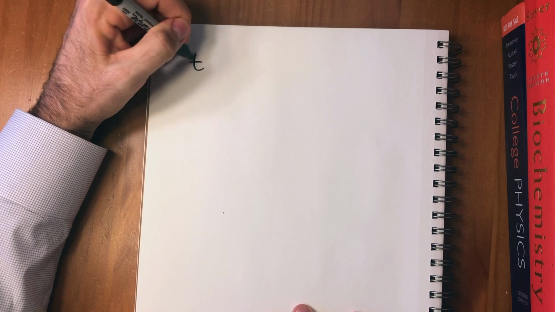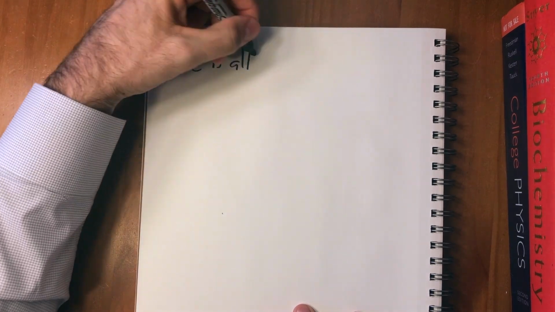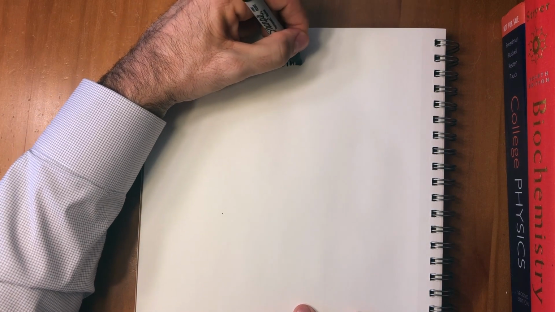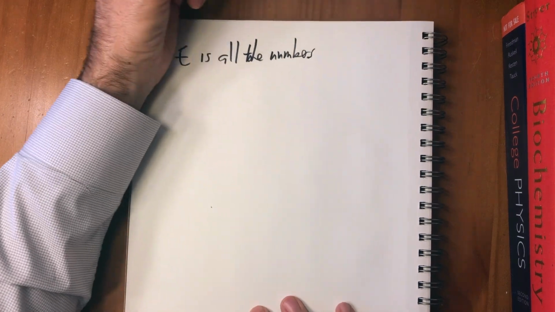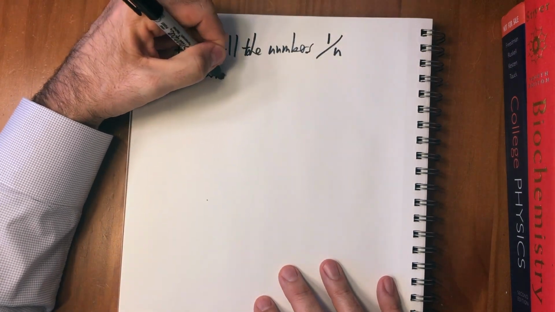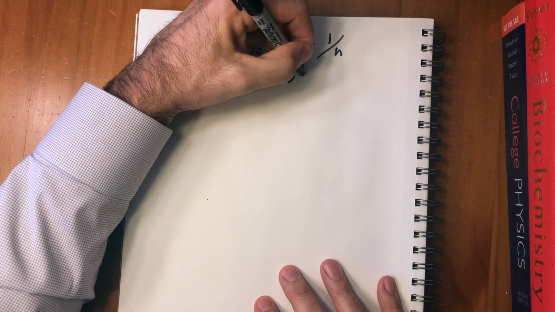One more example. This is a good example. So if E is all the numbers 1 over n, where n equals 1, 2, 3.